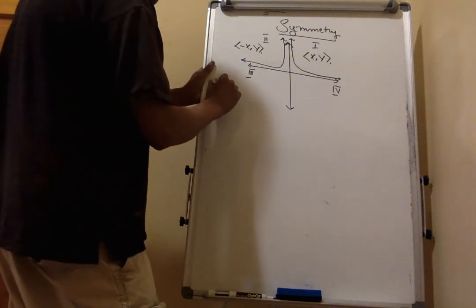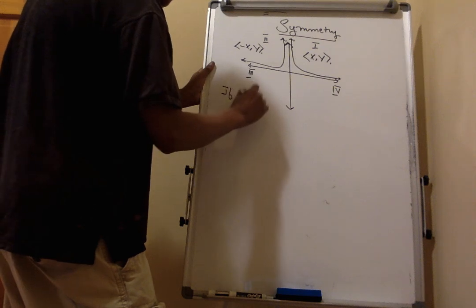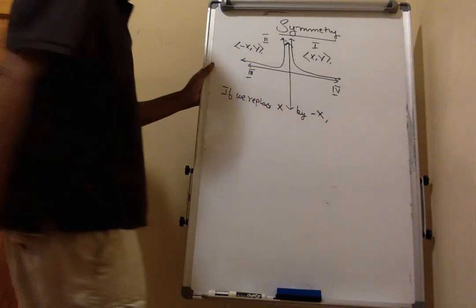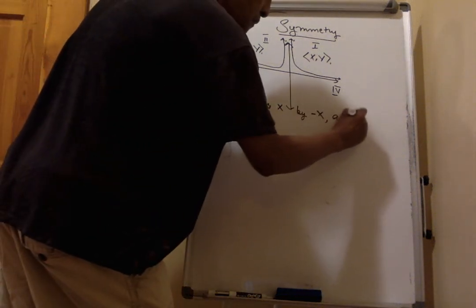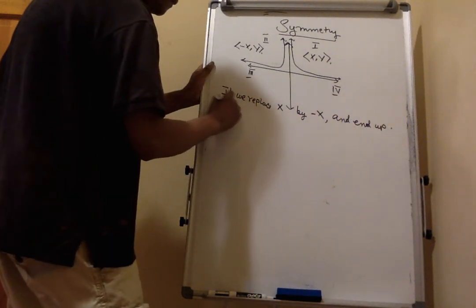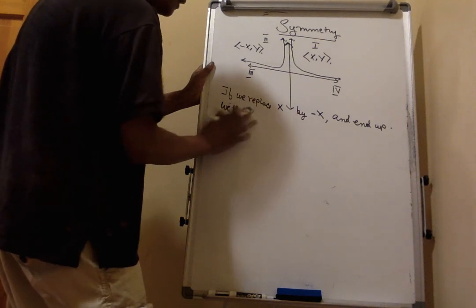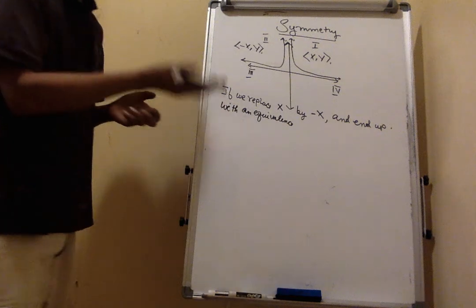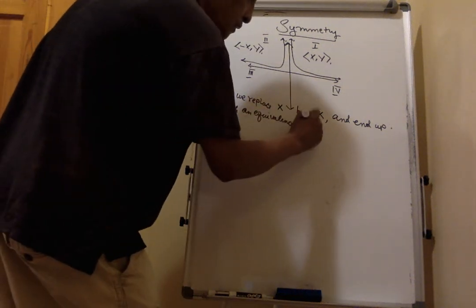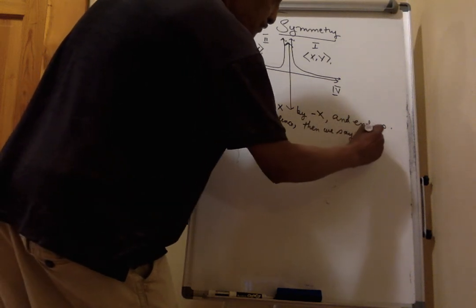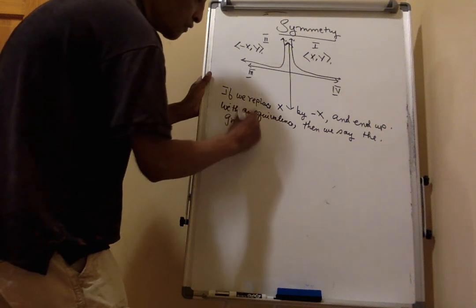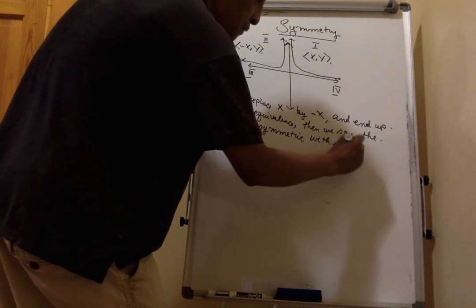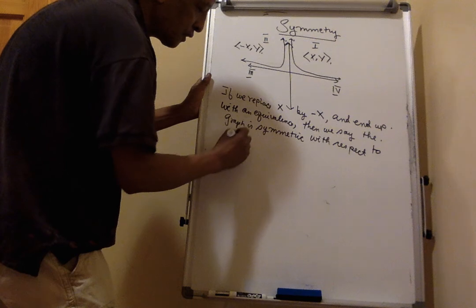So, if we replace x by negative x and end up with an equivalent, an equivalence, meaning it's the same graph, then we say the graph is symmetric with respect to the y-axis.